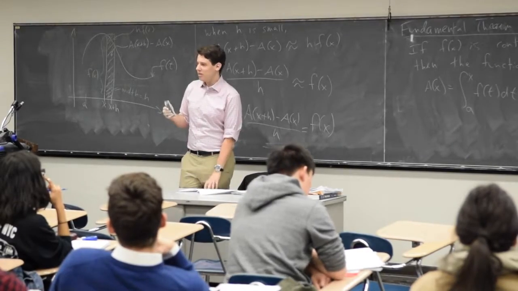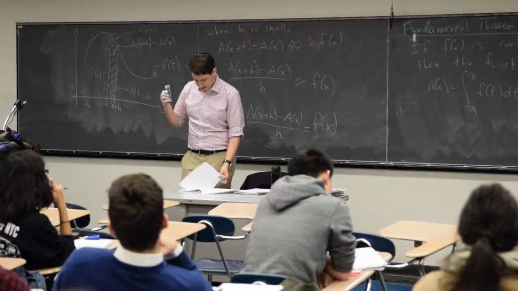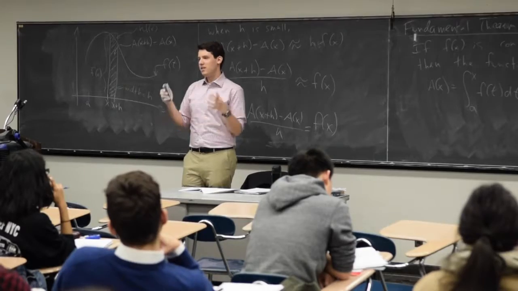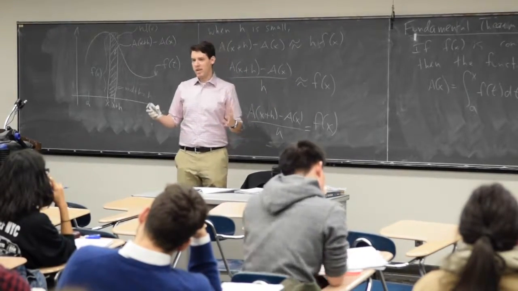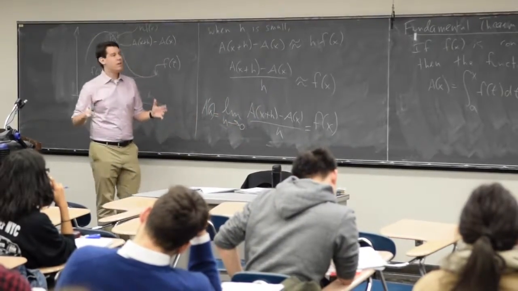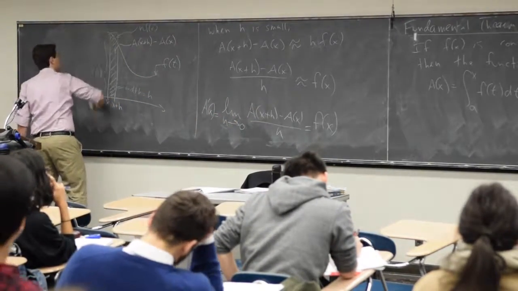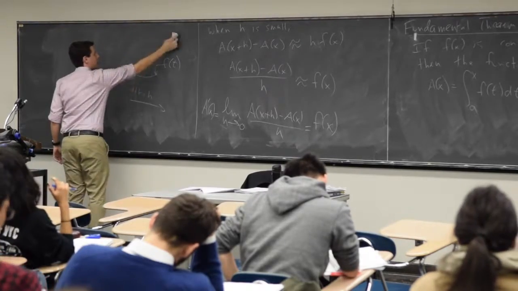And it will help us calculate all of these definite integrals that we've had to use all these Riemann sums in order to calculate. We won't need to do that anymore. So let me state what part 2 of the Fundamental Theorem of Calculus is.